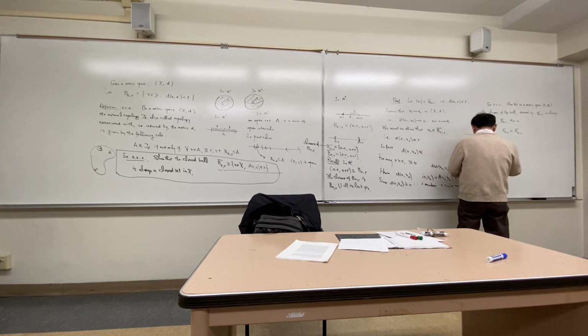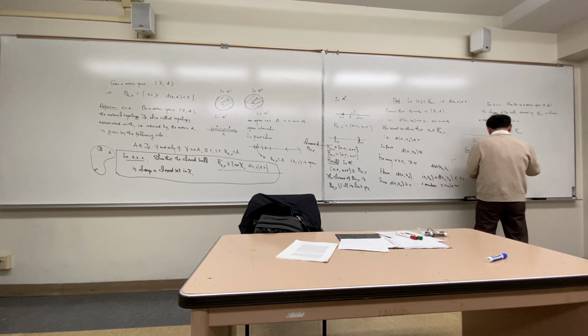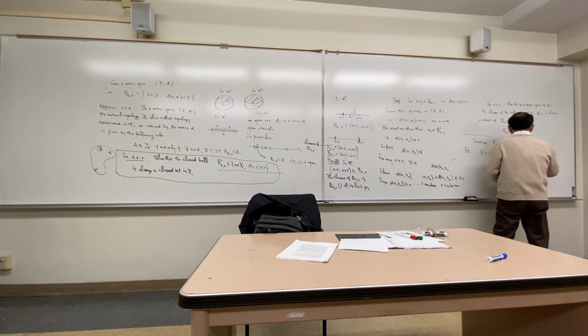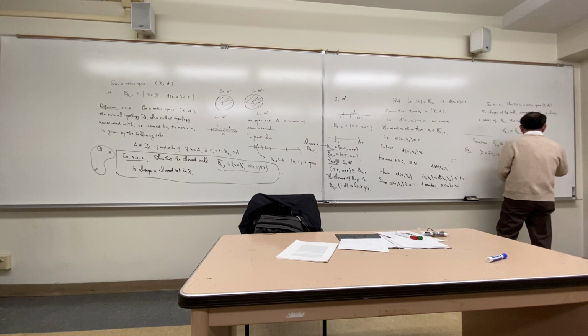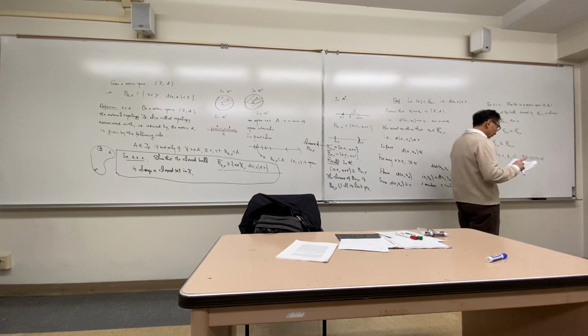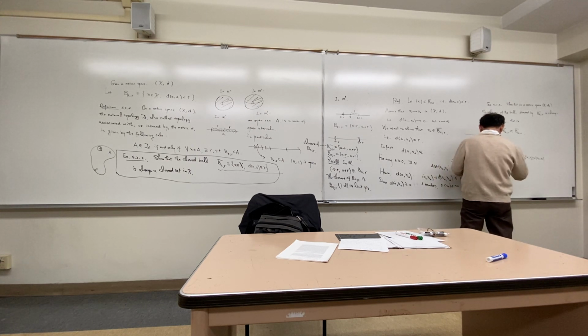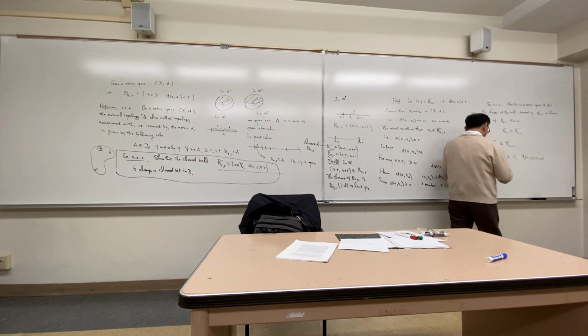Let X be the set containing minus 1, minus 1/2, 0, 1/2, 1, and you can get many discrete metric spaces like this. And d of x and y is just the usual absolute value of x minus y.